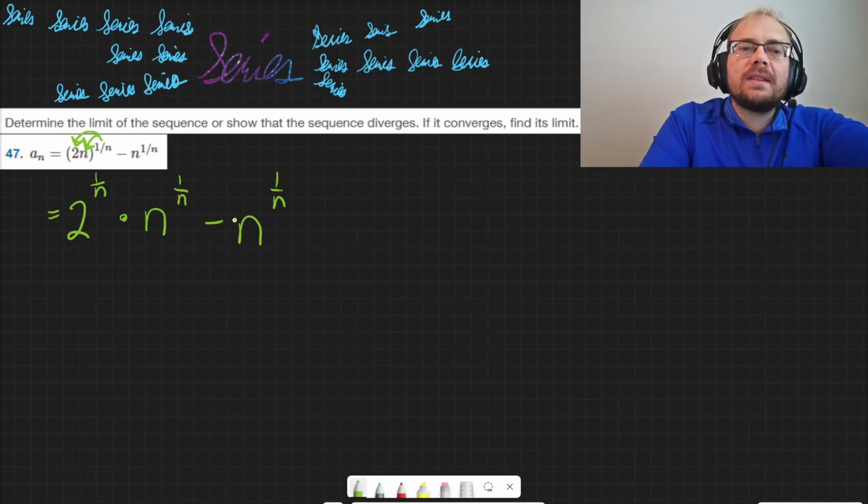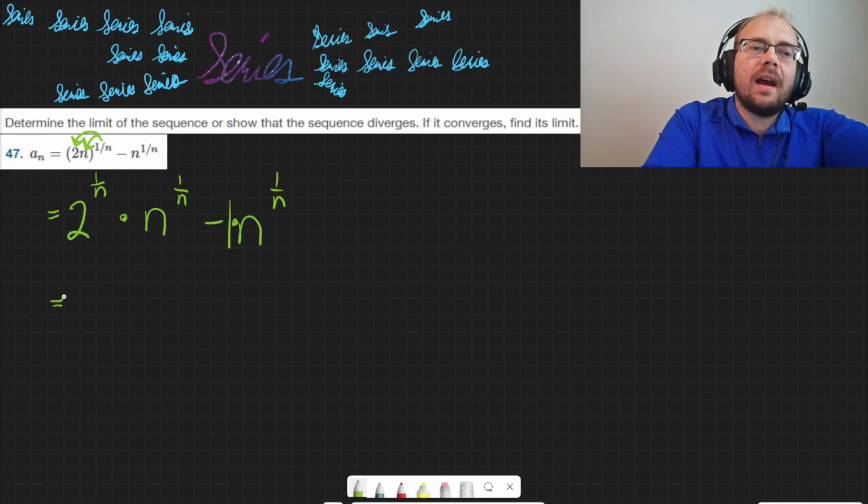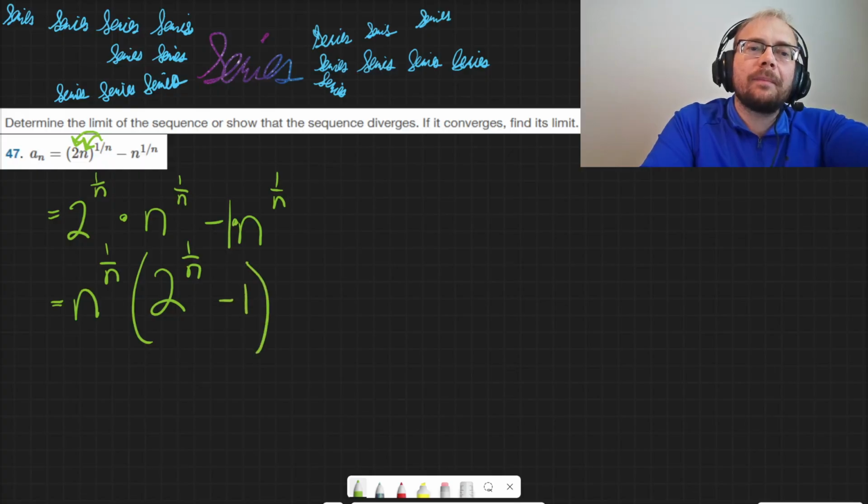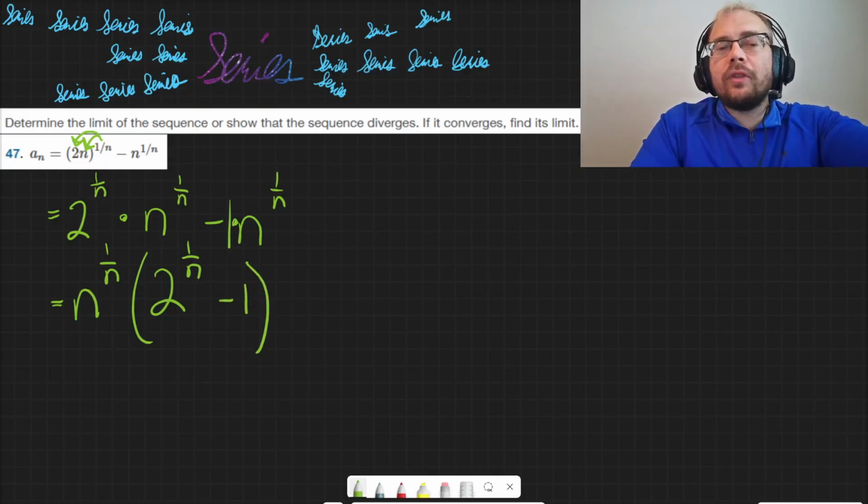And if it doesn't have anything next to it, it's just 1. So if I factor out n to the 1 over n power, I would have left over 2 to the 1 over n power minus 1. So I'm just refactoring it.